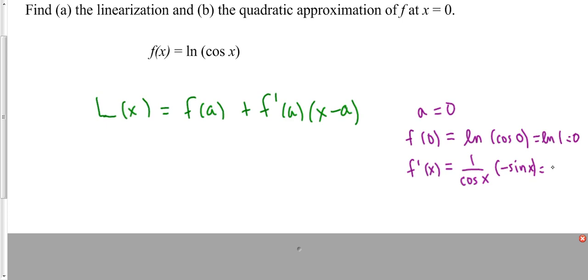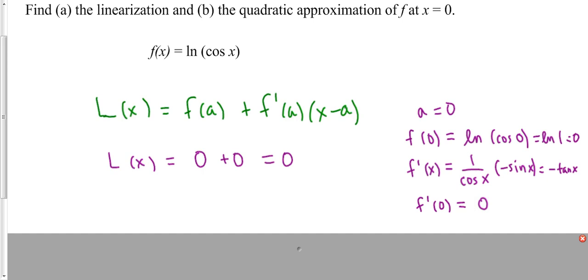And so this is going to give us negative tangent x. And so f prime of 0 is going to give us the negative tangent of 0, which is going to give us 0. So that means that the linearization L of x is going to give us 0 plus 0, or it's just going to be equal to 0.